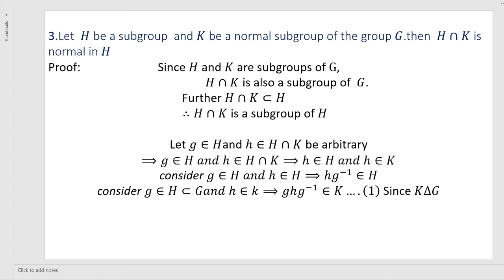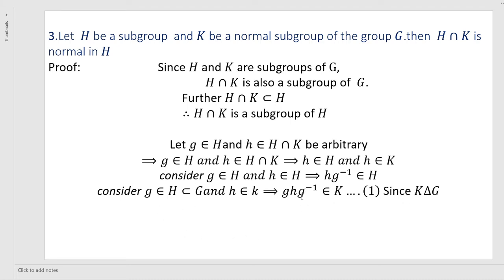I consider the first term. g belongs to H and h belongs to H, and H is a normal subgroup. Therefore, g h g inverse belongs to H. And next I consider g belongs to H and the remaining h belongs to K, right? g h g inverse belongs to K because K is a normal subgroup, they have given. So these are the elements of G, basically.